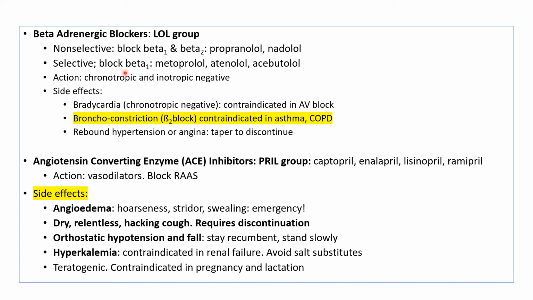So any medication that can change the heart rate up or down is called chronotropic. If the change is up, that means you accelerate the heart rate. So if you have 60 and now you have 100 because you are exercising, you have a positive chronotropic action.